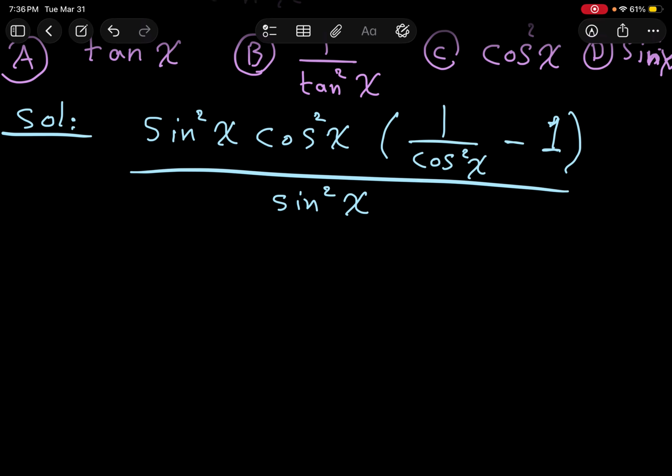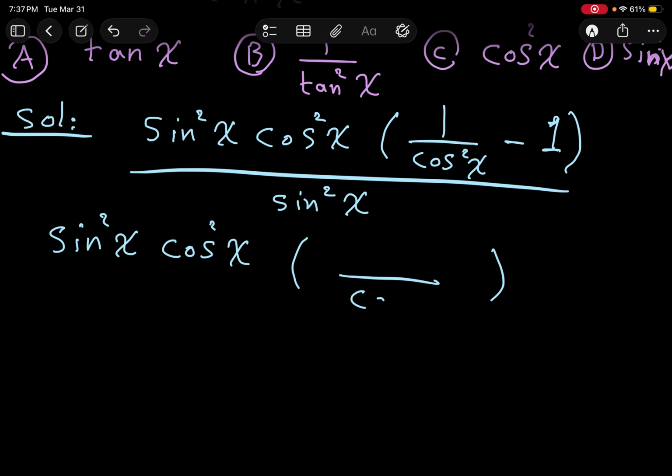I will solve it to get the outcome. Branch A or B or C or D, I don't know; till this moment, I don't know. Let me solve. Sine square x, cosine square x, please. And then write one denominator as a common factor, cosine square x, or cosine to the second power x.